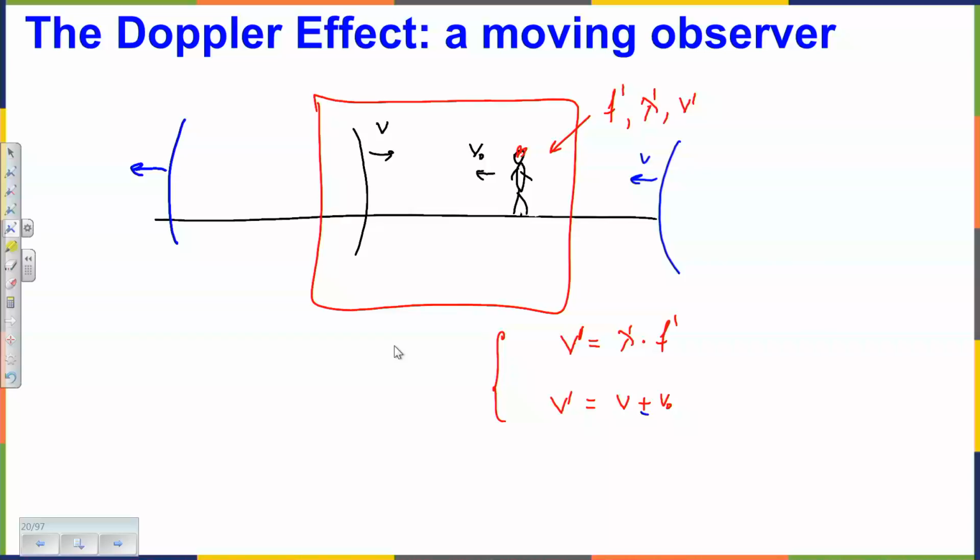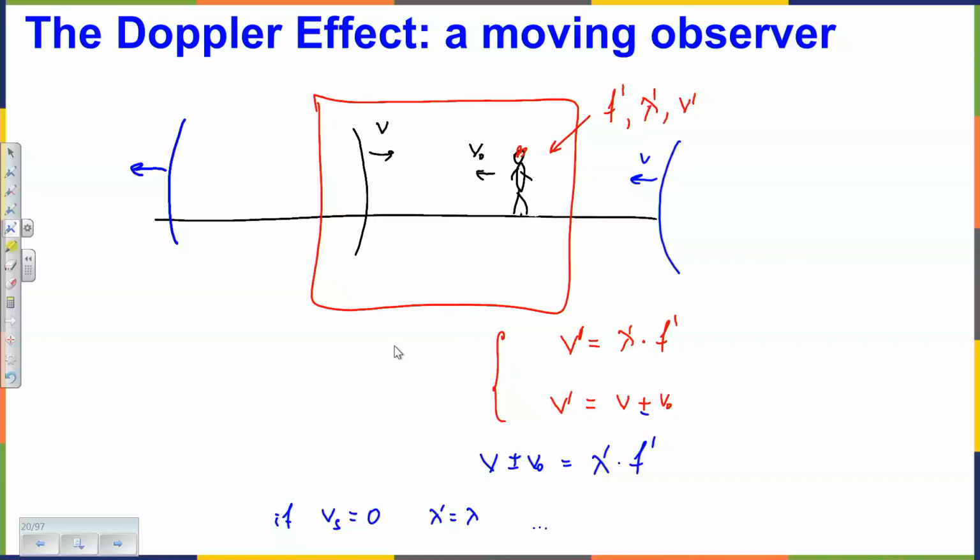So this is the equation. In the particular case, if the source is not moving relative to the ground, this wavelength is equal to the wavelength measured relative to the ground for the resting situation.